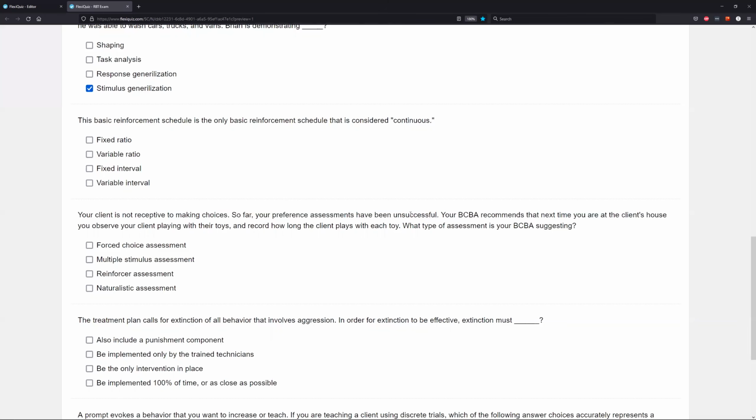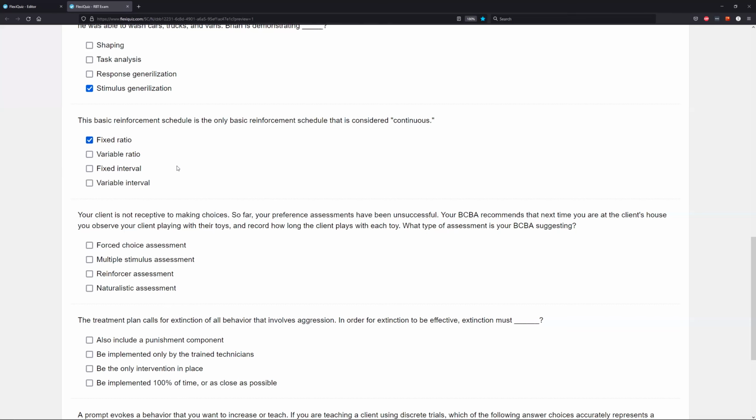So the only basic reinforcement schedule that's considered continuous is a fixed ratio, okay? FR1, CRF, continuous reinforcement. They're both considered continuous reinforcement. Any sort of variable ratio, any sort of fixed interval, any sort of variable interval is considered intermittent.